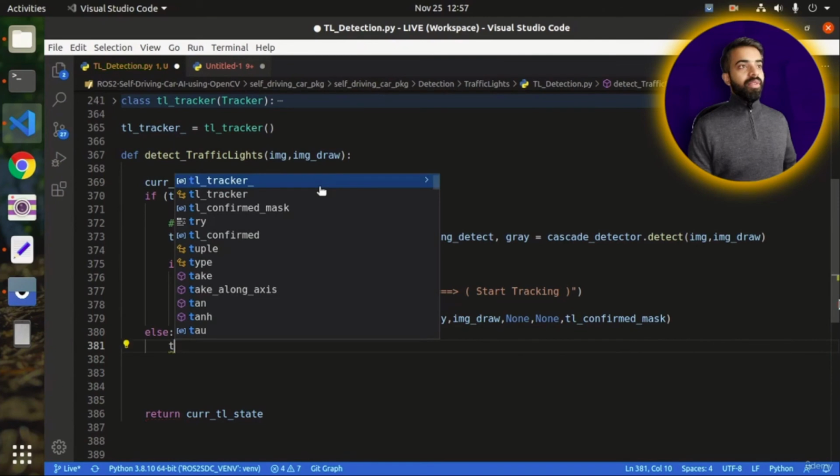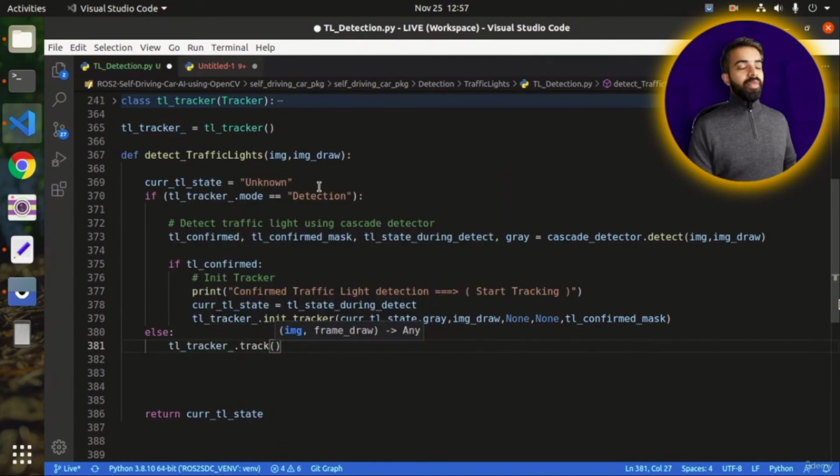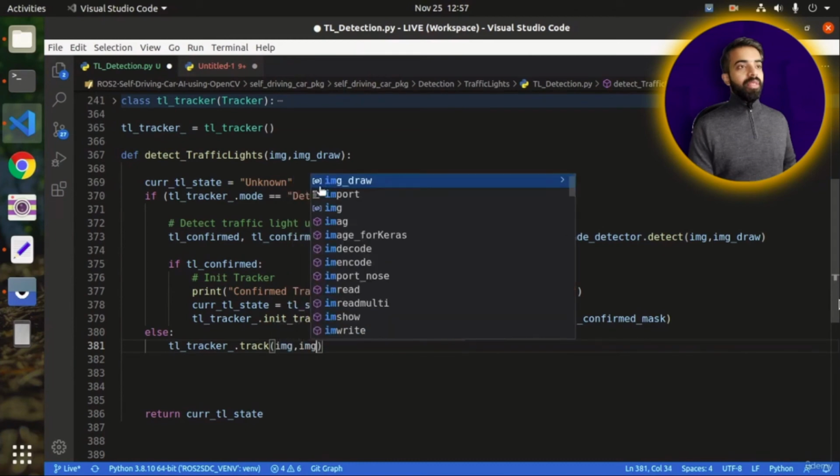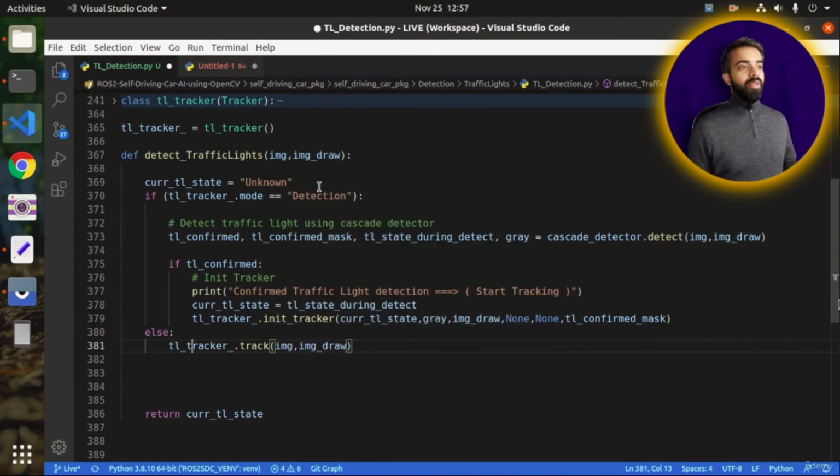So we need to call the track function of the TLTracker. This track function takes in the arguments image and frame draw, which is basically the image draw. Once we perform the tracking using the track function, it provides us the region of interest that is being tracked. So we write track region of interest as the output of the track function of the TLTracker.